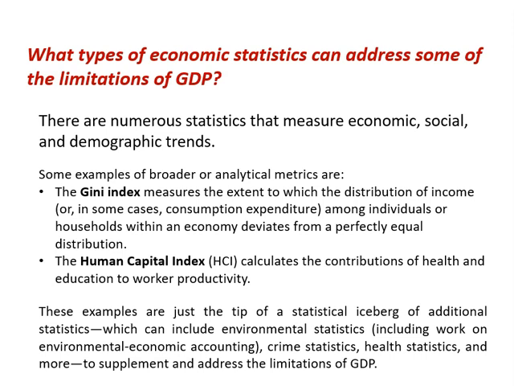The Human Capital Index, HCI, calculates the contributions of health and education to worker productivity. These examples are just the tip of a statistical iceberg of additional statistics, which can include environmental statistics, including work on environmental economic accounting, crime statistics, health statistics, and more, to supplement and address the limitations of GDP.